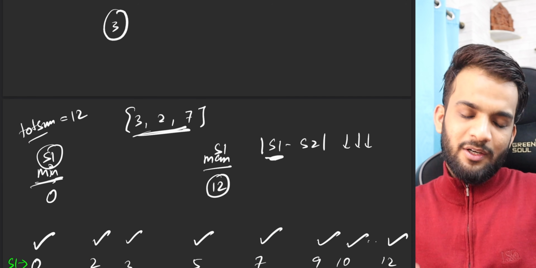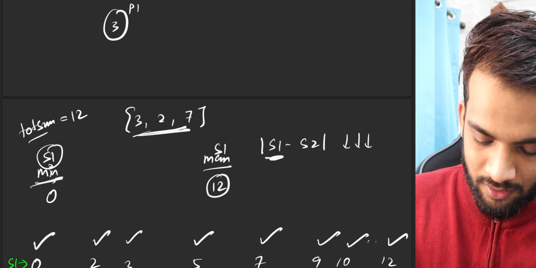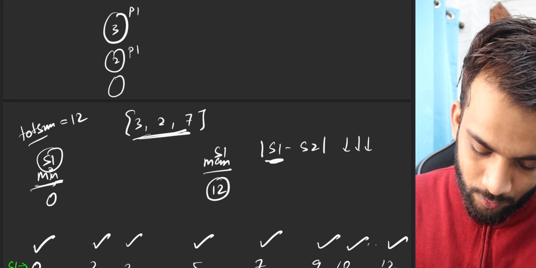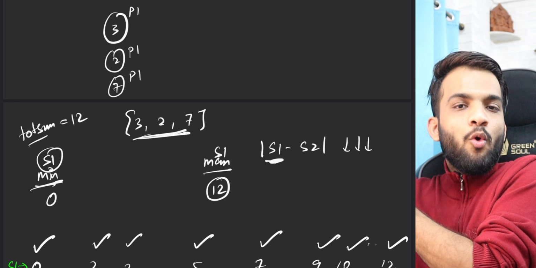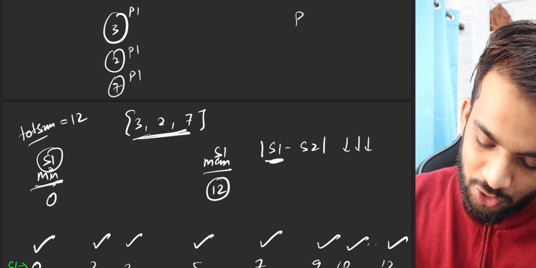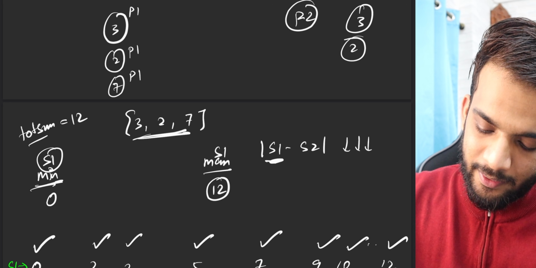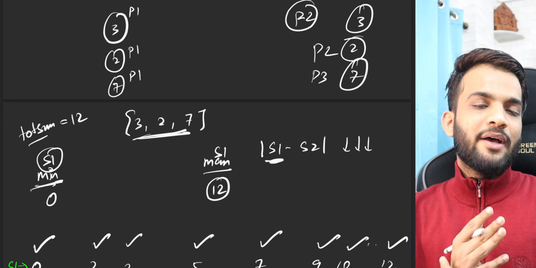So first time it might have taken 3 in the subset, in the partition 1. In the next time the partition 1 might have 2. The next time the partition 1 might have 7. Going across, there will be a moment, the partition 2 will be having 3, partition 2 will be having 2, the partition 3 will be having 7. Like it can also have single elements.